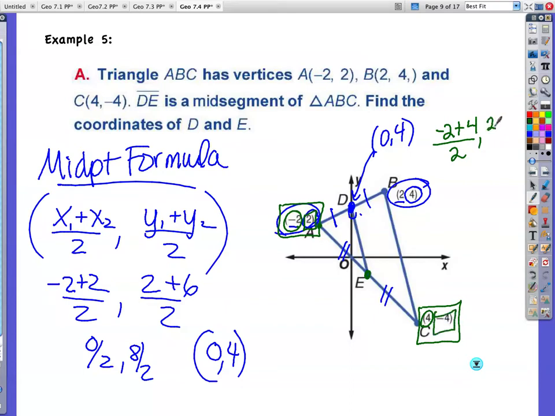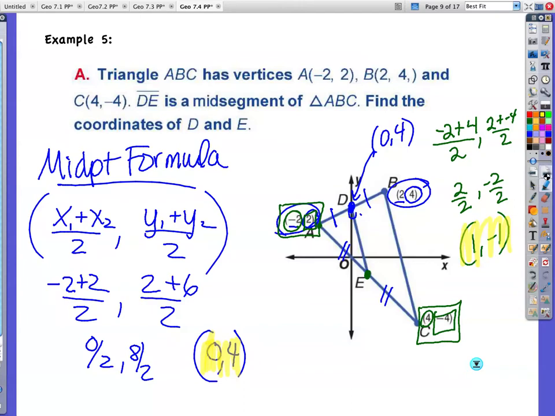So 2 plus negative 4 and divide by 2. This reduces down to 2 over 2, and this becomes negative 2 over 2. Reduce further, I got 1, negative 1. Does that seem reasonable? Yes, it does. So my two answers are: one midpoint is at 1, negative 1. The other midpoint is at 0, 4. And that's what I needed to find, those coordinates.